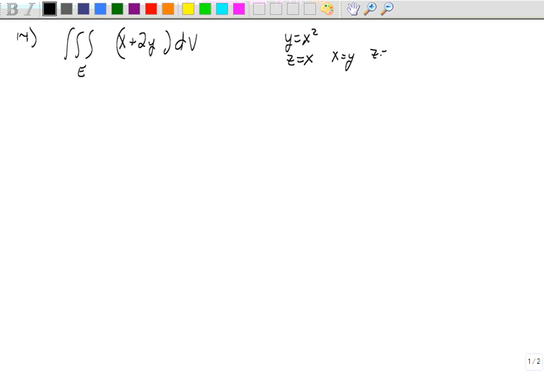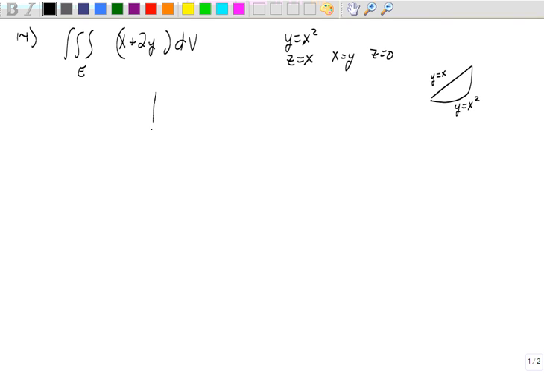In 14, I'm going to integrate this, and it's bounded by, so I have this in the xy plane.